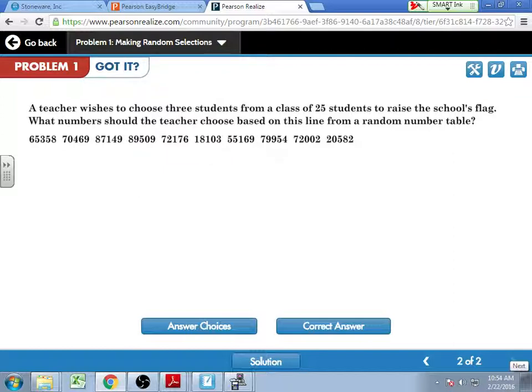So we start just like we did in the example. We had the 18 or like 18823. Well, the 18 is my first 2-digit number, so I drop that down. That's one of my numbers. 82, I drop that down. I'm not going to use it, but it's still one of my numbers. So here, when I start listing numbers, my first one is 65. My next one is 35. My next one is 87.